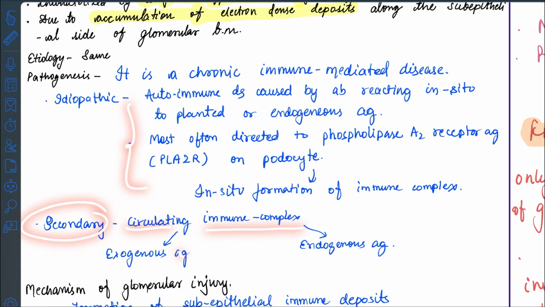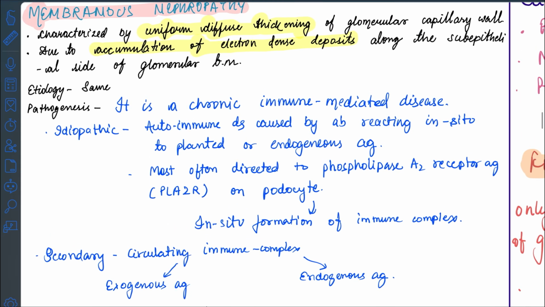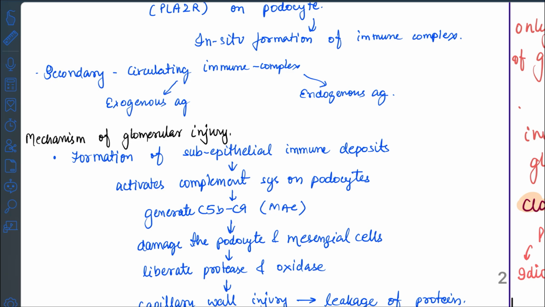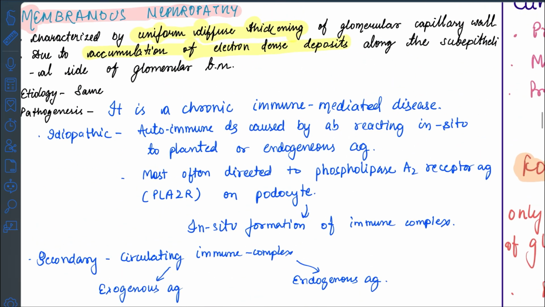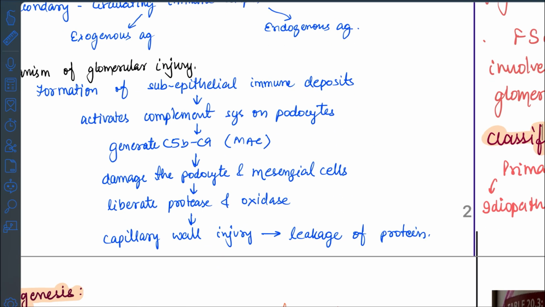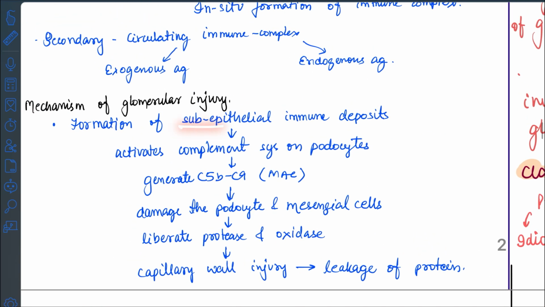Coming to the secondary reason, it can be circulating immune complex, exogenous or endogenous. Coming to the mechanism of glomerular injury, do you remember the site? As I told earlier, it is on the subepithelial site of the glomerular basement membrane.